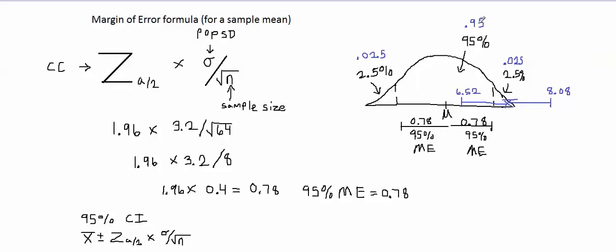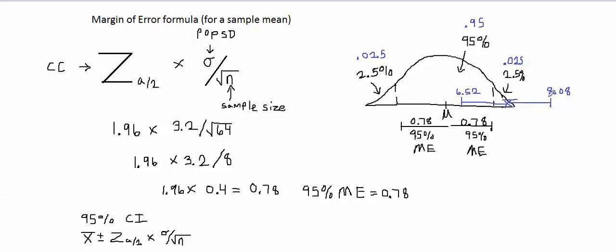There's a 0.95 probability that I'll get a sample somewhere from this middle area, and that my interval will capture the population mean. There's a 0.025 probability that my sample will come from the lower tail, and my entire interval will end up being too low. There's also a 0.025 probability that my sample will come from the upper tail, and that the entire interval will be too high.